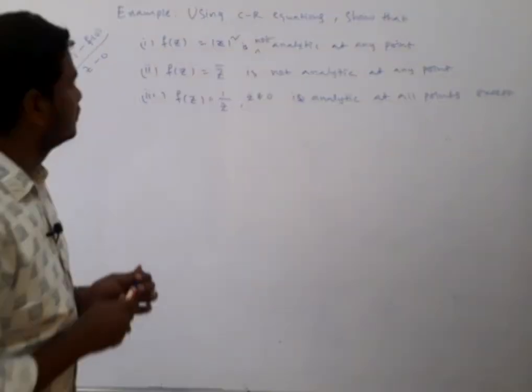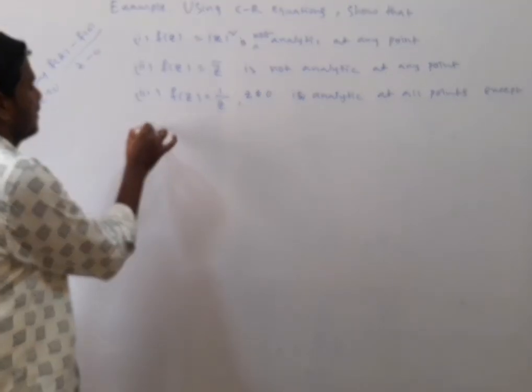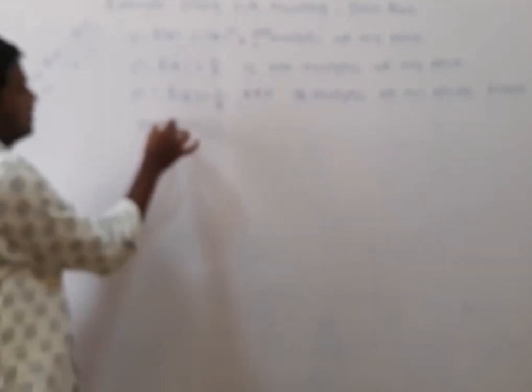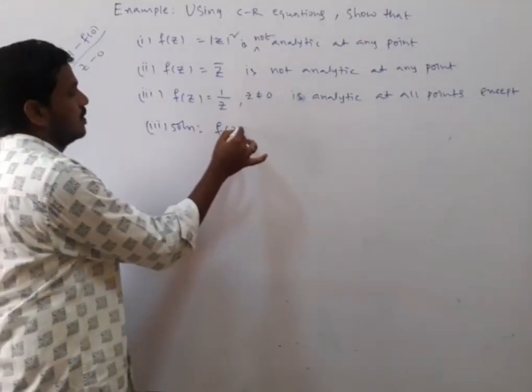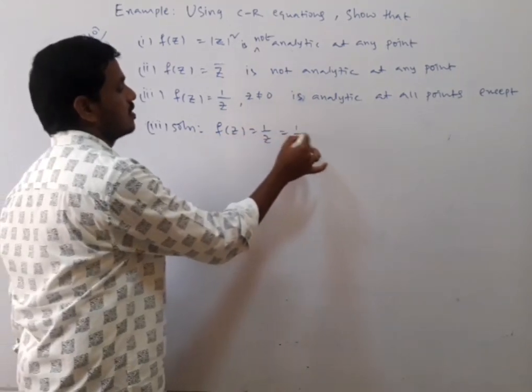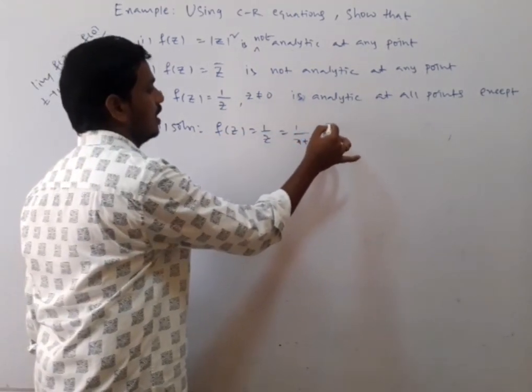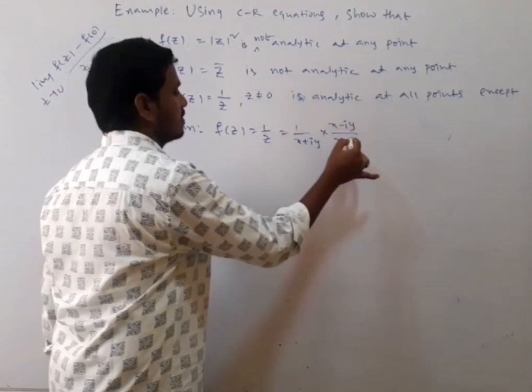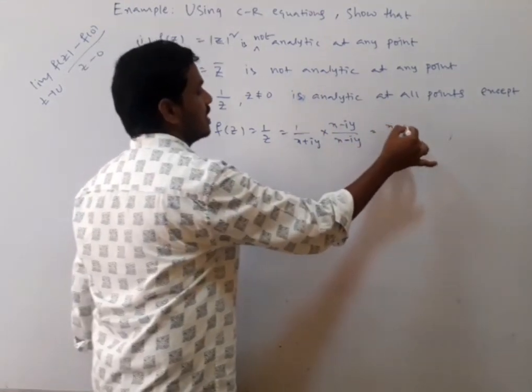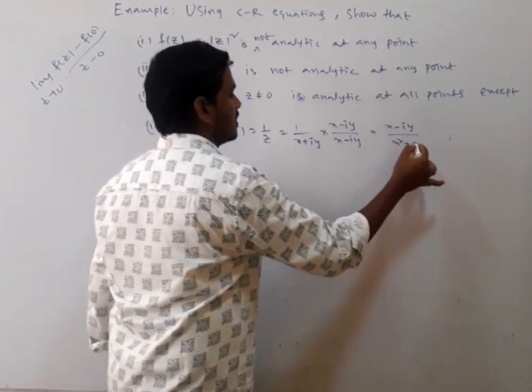Coming to the third one, what is given is f of z is equal to 1 by z, which is equal to 1 by x plus iy. Multiply by x minus iy divided by x minus iy, which gives x minus iy divided by x square plus y square.